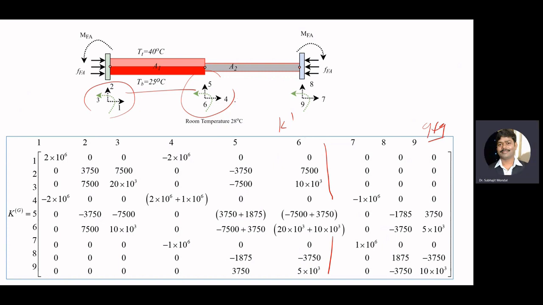For the second element, the degrees of freedom start from 4, so from the 4th degree of freedom we will again have the second stiffness matrix K2, this part.